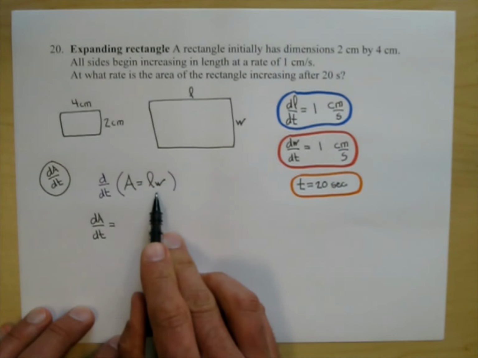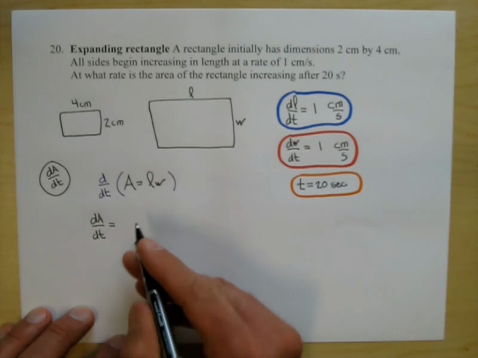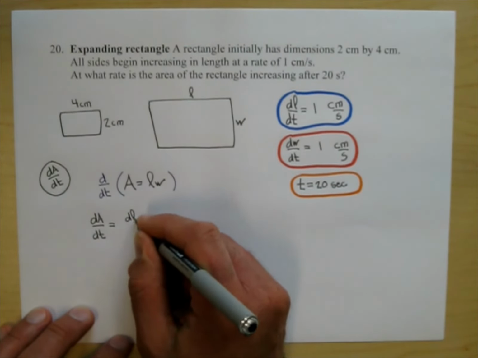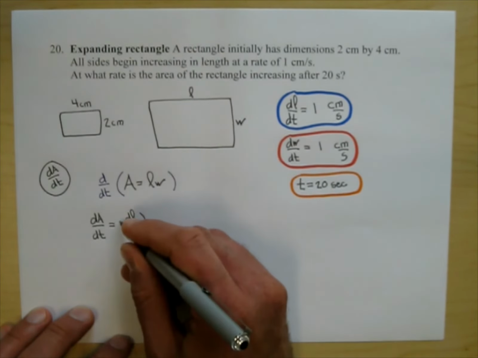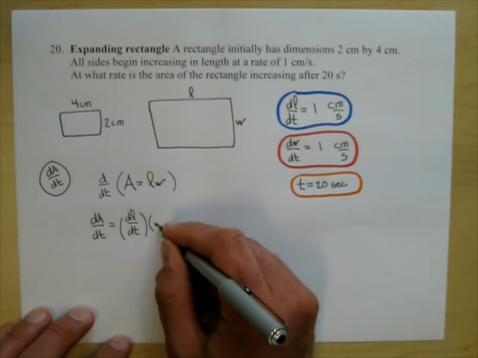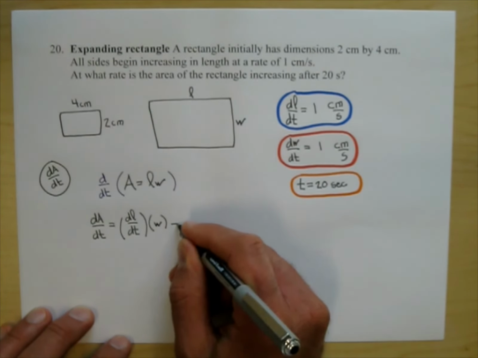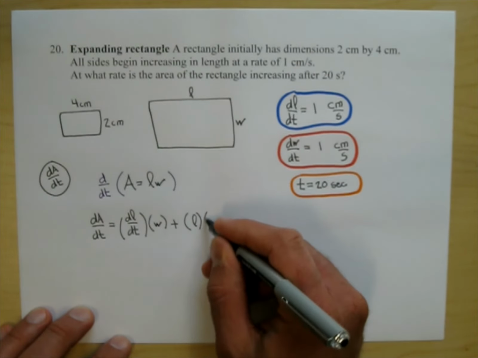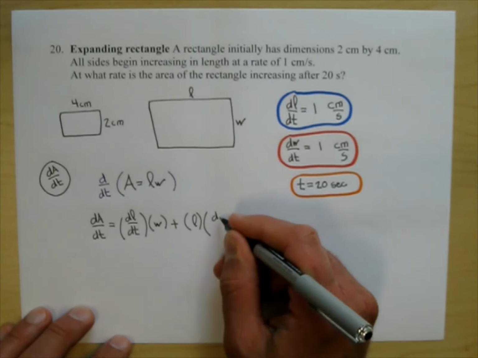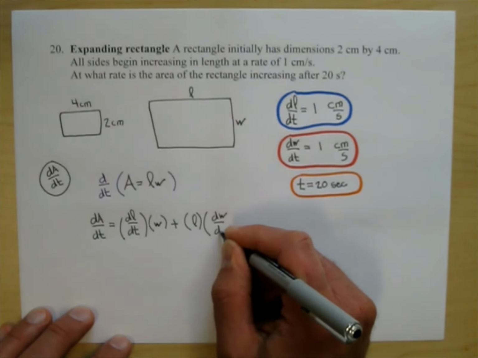Over here I have to do the product rule. The derivative of the first, dl dt, times the second, which is just w, plus the first, which is L, times the derivative of the second, which is dw dt.